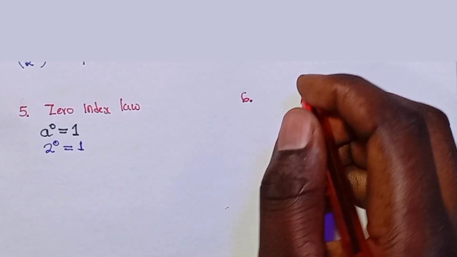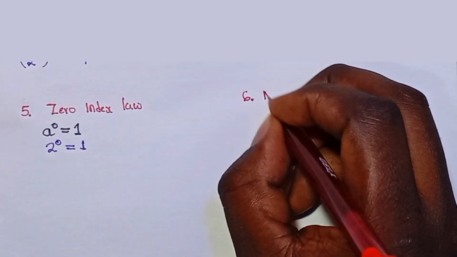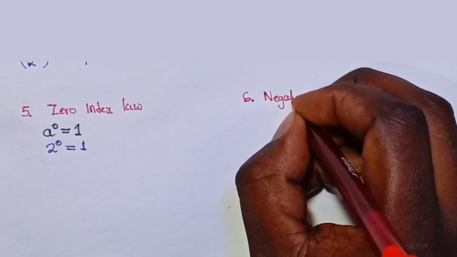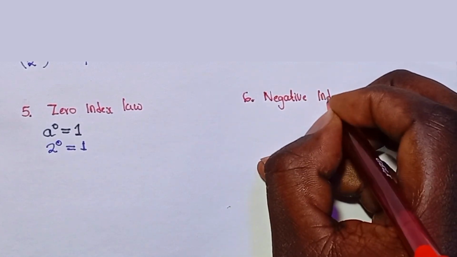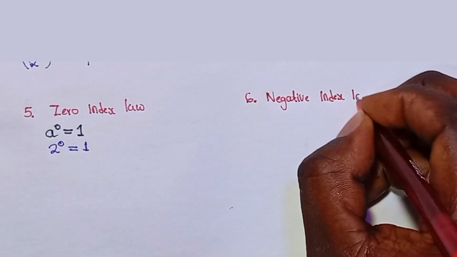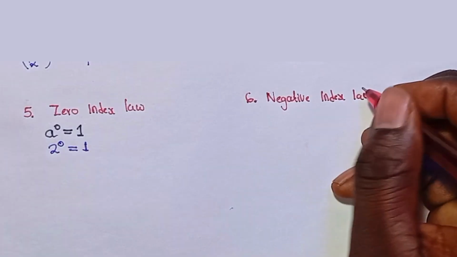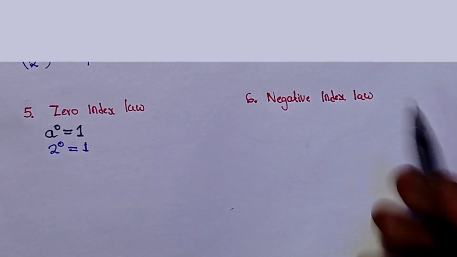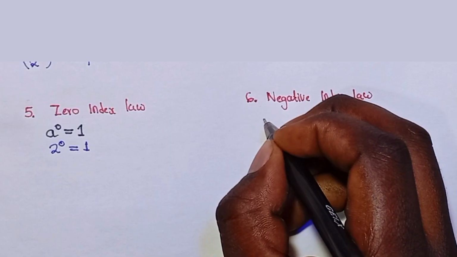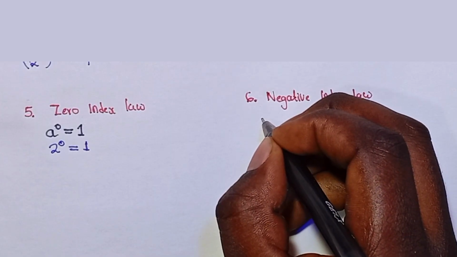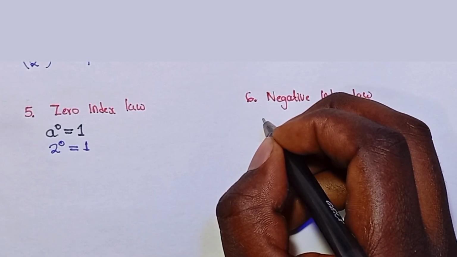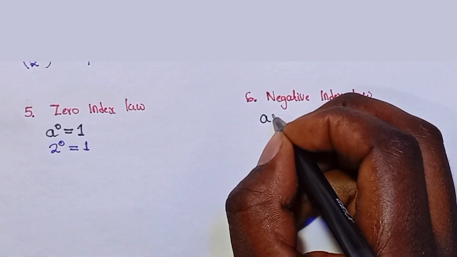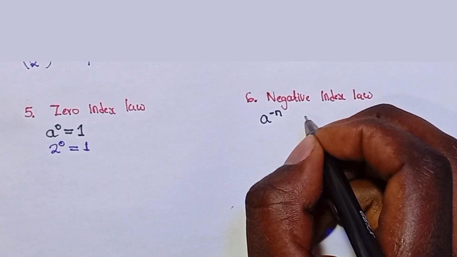In law number 6, we have the negative index law. This is any number raised to a negative power. So for example, you have a raised to negative n.